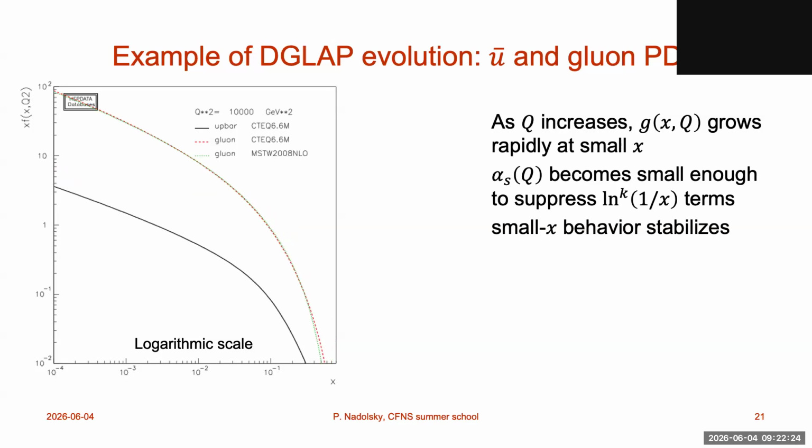There were logs of 1/x, which were very important at small x, and they destabilized perturbation theory when the scale was low. When we evolved to a high scale, alpha_s became small, so the PDFs now behave as they should. Also, the two different parameterizations of the gluon agree much better now everywhere. This indicates that the perturbation theory stabilizes.